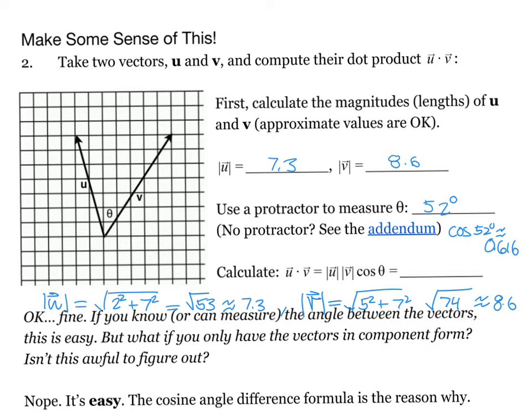So that means the dot product, I can write this whole product out, is going to be 7.3 times 8.6 times 0.616. Yes, I'm using my calculator on screen. 7.3, 8.6, 0.616, multiply. Rounded, well, 38.7.